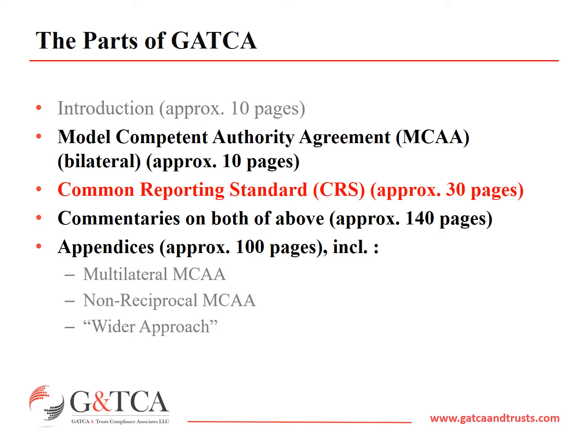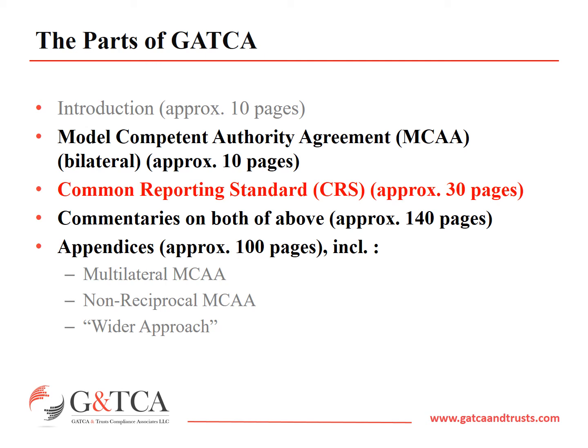If you look at the slide then, you will see that the Common Reporting Standard is but one part of a much larger publication. That's why it's confusing to refer to the whole document as the Common Reporting Standard, or the CRS. This is why I personally prefer GATCA as an acronym for this booklet.